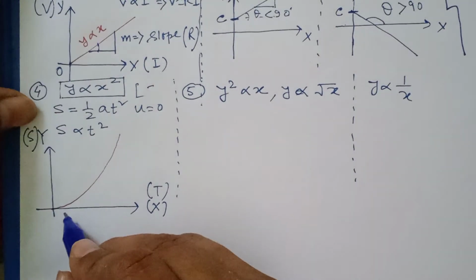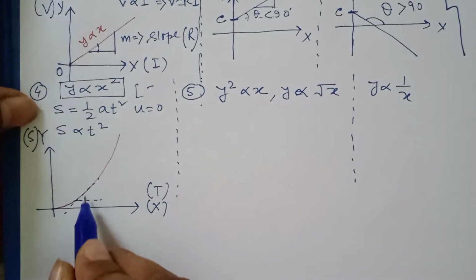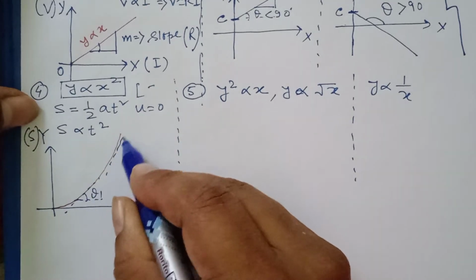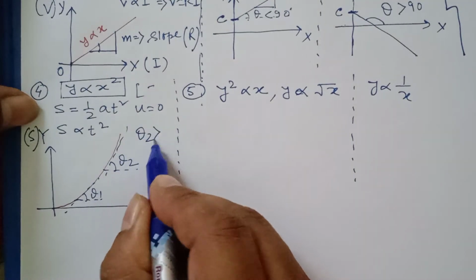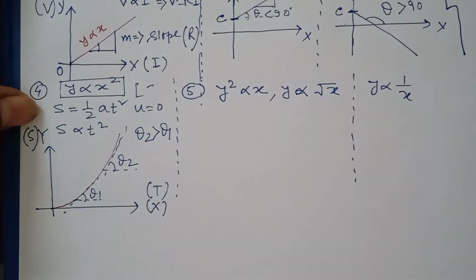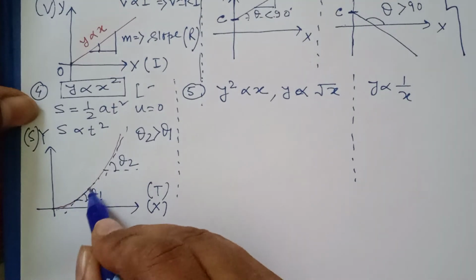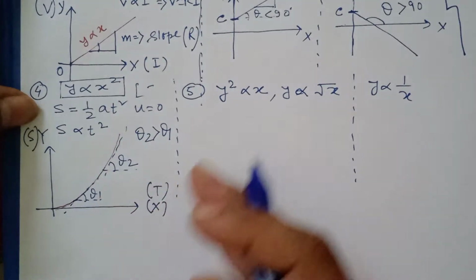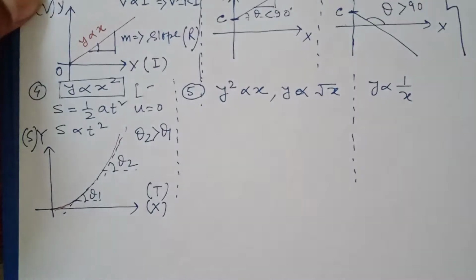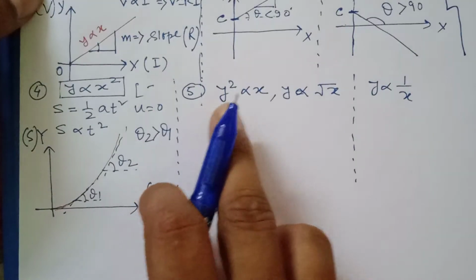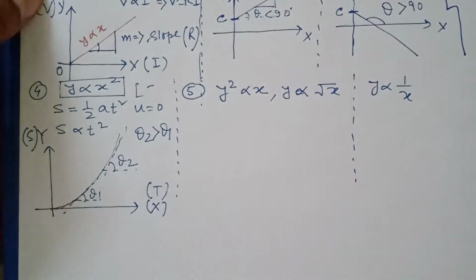So now if you draw the slope, you can see if this is theta 1 and here this is theta 2, so you can see theta 2 is greater than theta 1. Am I right, students? So here the slope is increasing. Slope increasing means velocity increasing, and velocity increasing means no doubt it's an acceleration graph, right? Go for the next, number 5. Now y square proportional to x.